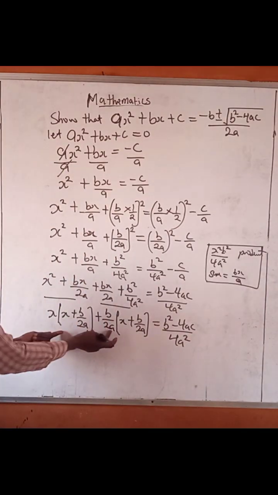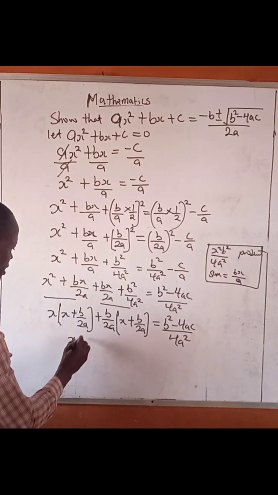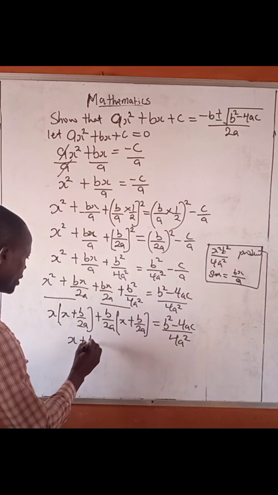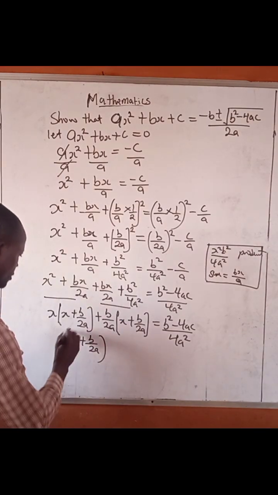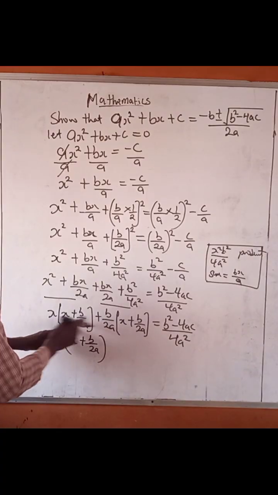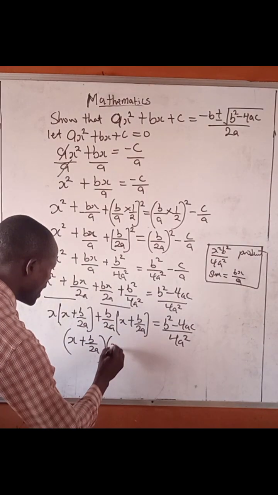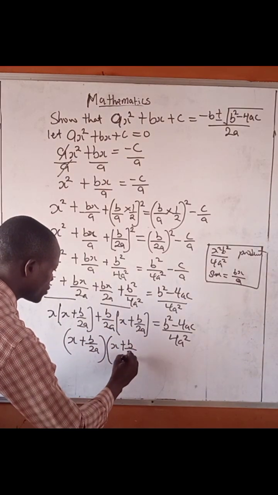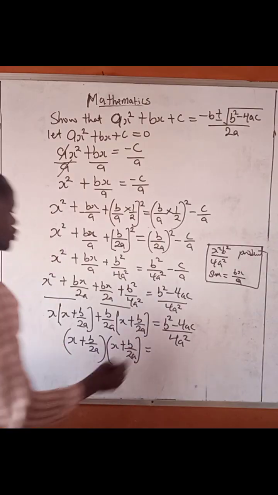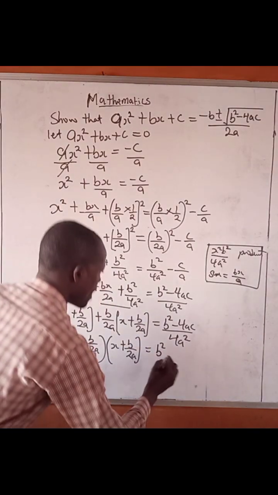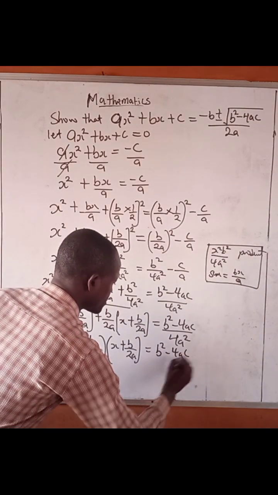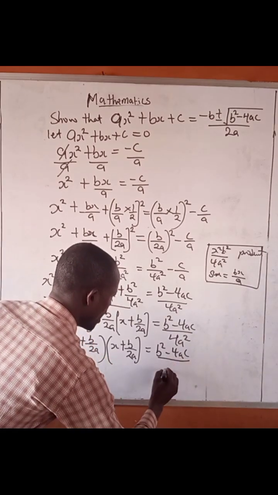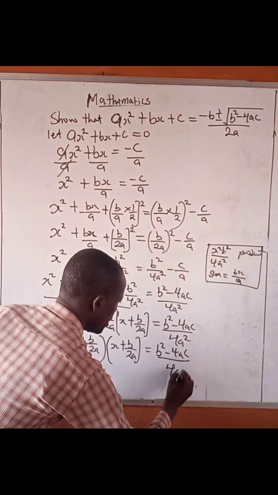Now, let's join this together. That will be x plus b over 2a. Then pick one out of these two. That will be x plus b over 2a equal to b squared minus 4ac, everything over 4a squared.